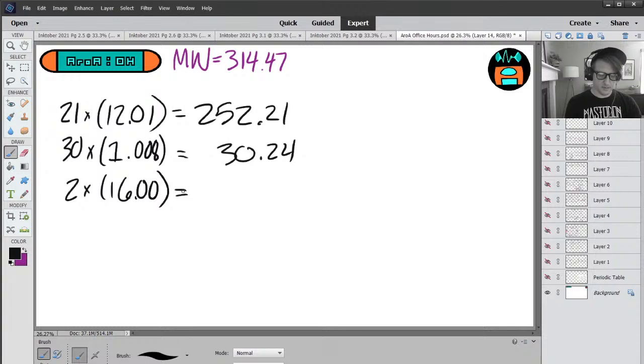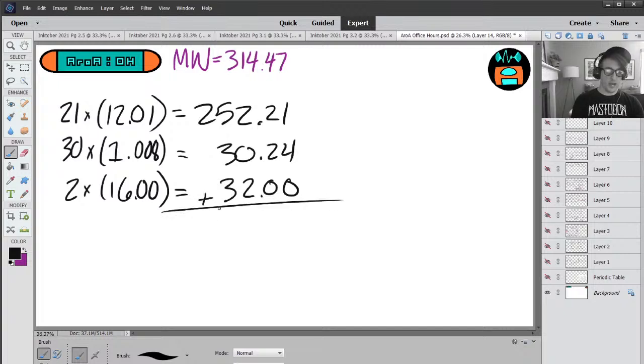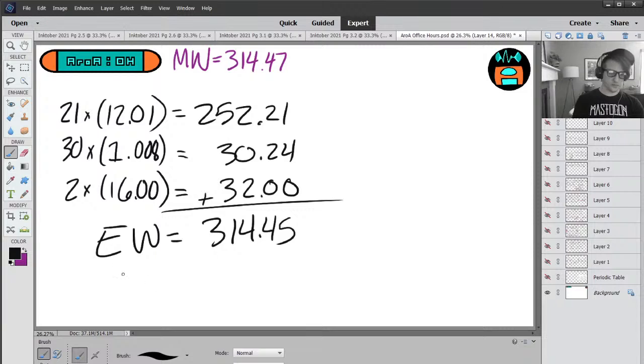And then 16 times 2 is 32. So adding these all up together, 252.21 plus 30.24 plus 32 adds up to be 314.45. This is the empirical weight.